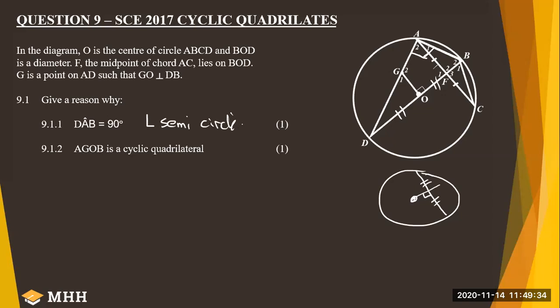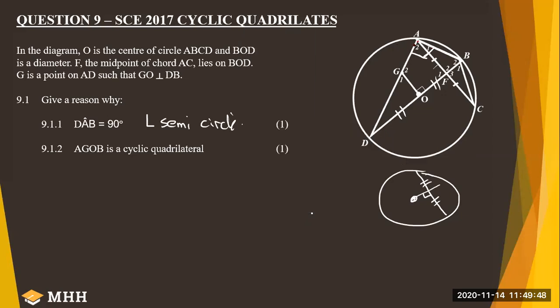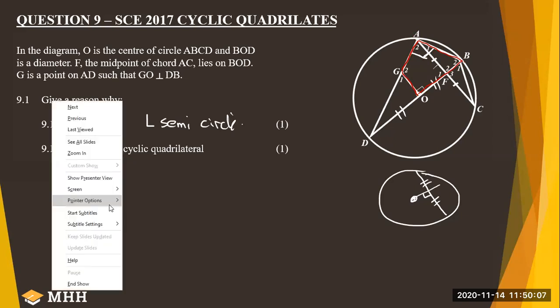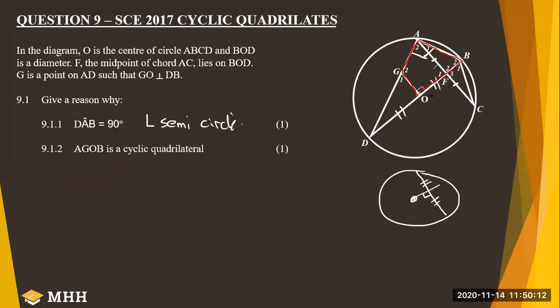Okay, question 2, they say give a reason why AGOB is a cyclic quad. Okay, let's see, where's AGOB? Right, now you can see angle O is 90 degrees, it's given. And angle A1 plus 2 is 90 degrees because it's angle in a semicircle. And that's why it's going to be a cyclic quad. You see how they always guide us?